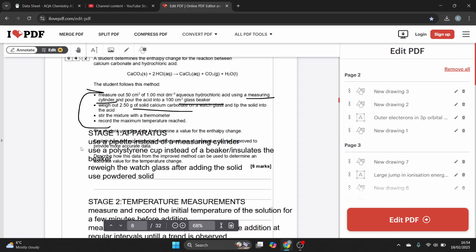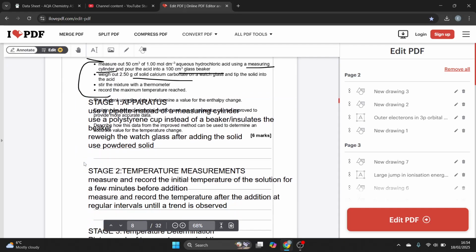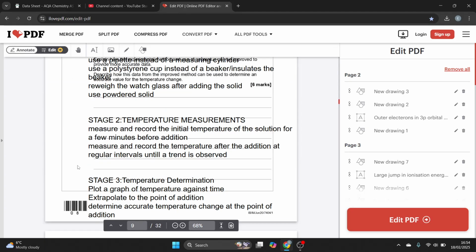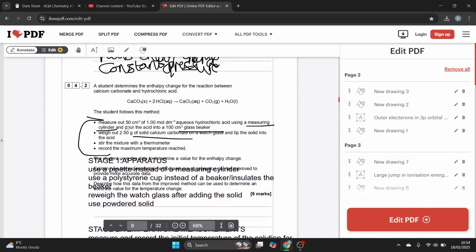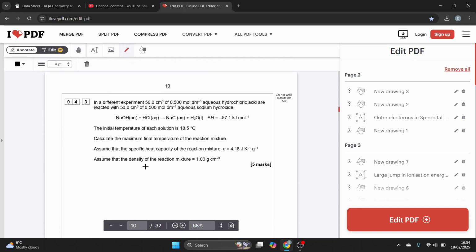If you've only reviewed it once, let's say this practical, the enthalpy change practical, you're probably not going to get high marks. But if you reviewed it, I don't know, 10, 20, 30 times, you're going to know exactly what to do. You're going to know the mistakes, in this case of the student's method, how to replace the mistake, improvements, and how to carry out the full method just by heart. And that's what you need to be able to do.